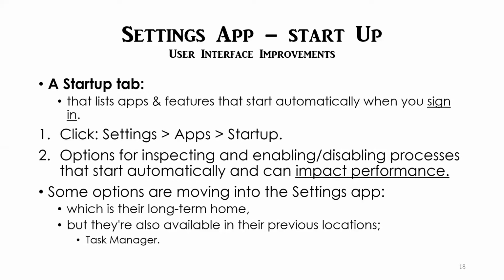The options for starting, disabling, enabling the processes are automatically shown in this settings. And if you have a lot of programs running in the background, this is what slows down your computer when it's trying to do a job.